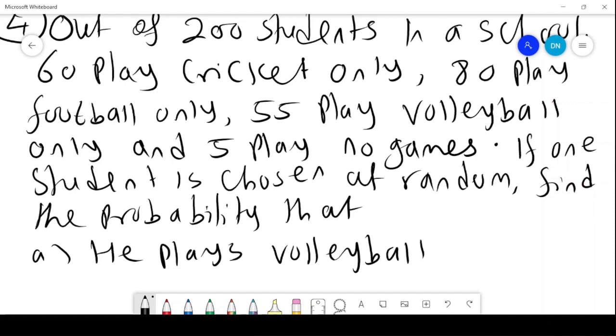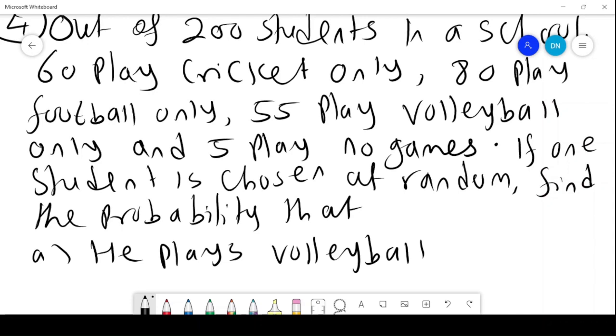For number 4, we are told that out of 200 students in a school, 60 play cricket only, 80 play football only, 55 will play volleyball only, and 5 play no games. And when you look at 60 plus 80 plus 55 plus 5, that should be equals to 200 students.